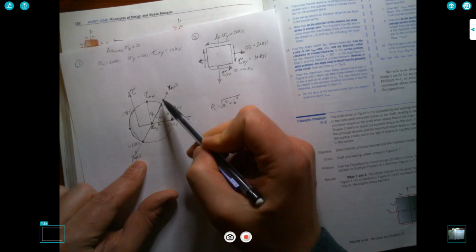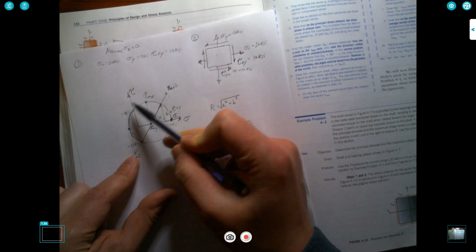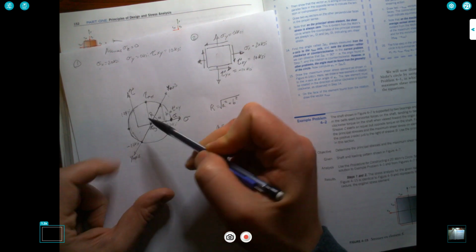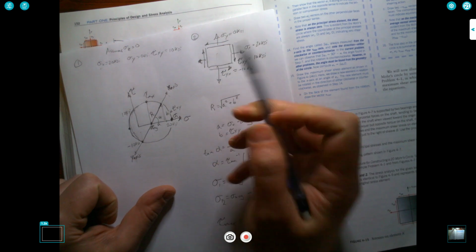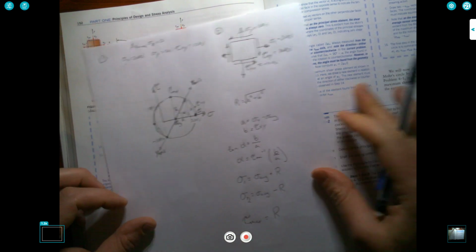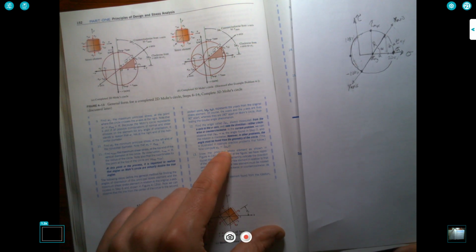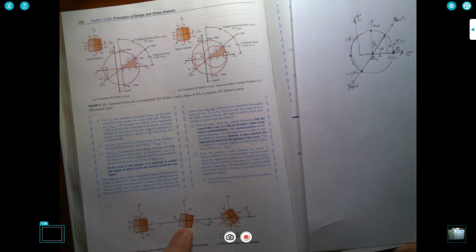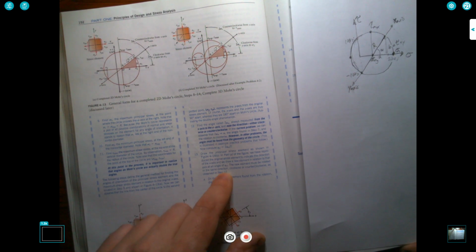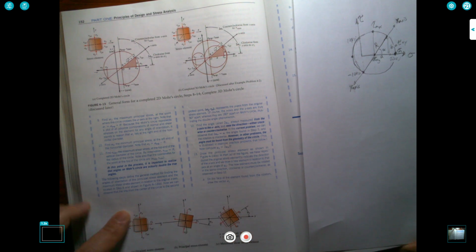But if you notice, we have 180 degrees here. We have to divide that by 2 to get back to this element here. So that's where that half comes in, why we end up dividing by 2 to get this angle that we're rotating them at. So that's really where the 2 comes into play here.